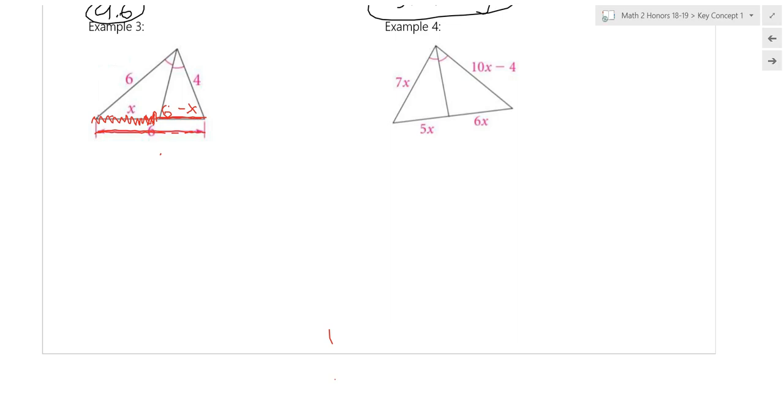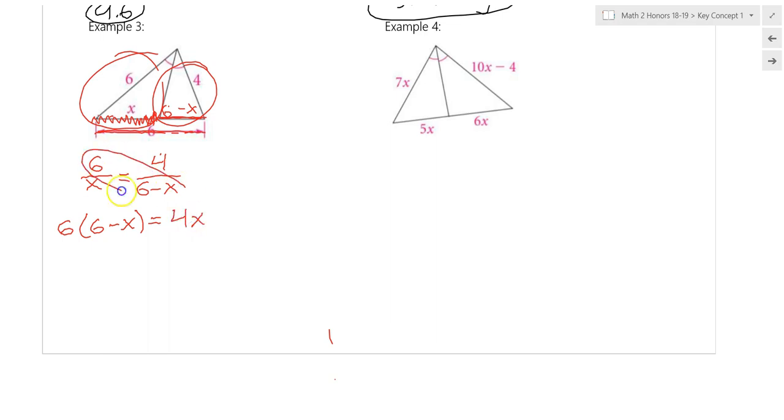Once I do that, I'm setting up again my left side, 6 over x, has to equal my right side, 4 over 6 minus x. Cross multiply, I have 6 times 6 minus x, using parentheses because there's a plus or minus sign, equals 4x. Distributing, I have 36 minus 6x equals 4x.